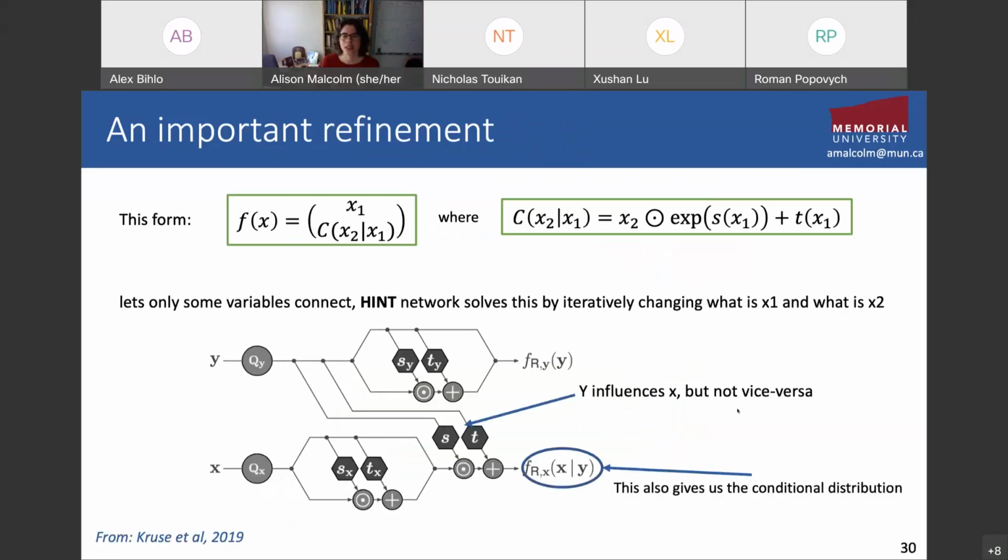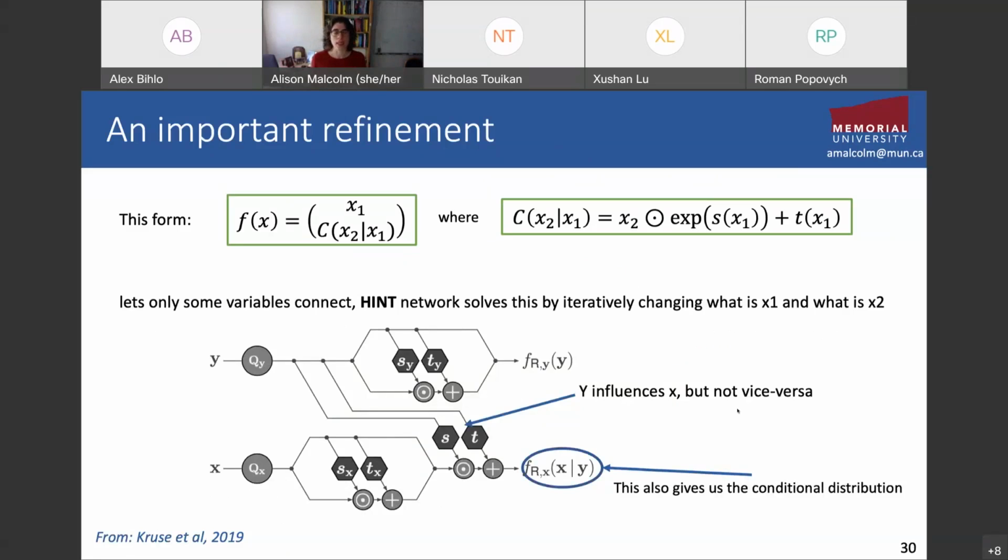Okay, now there's some key things that I told you I was going to talk about. There's an issue in this form here, which is that the x2 variables can influence the x1s, but not vice versa. And so in order to deal with this, we basically reshuffle the variables all the time.